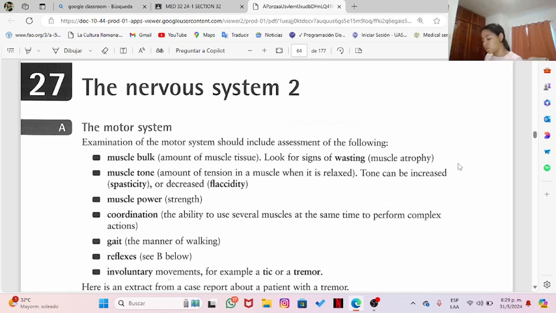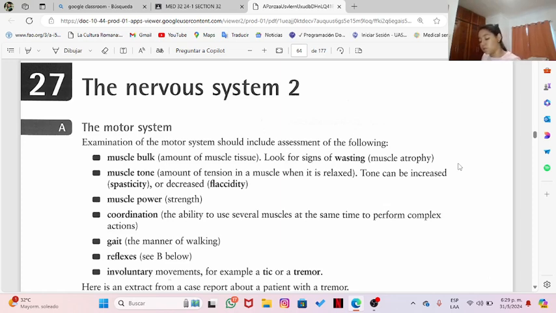Look for signs of wasting, muscle atrophy. Muscle tone, amount of tension in a muscle when it is relaxed. Tone can be increased, spasticity, or decreased, flaccidity.